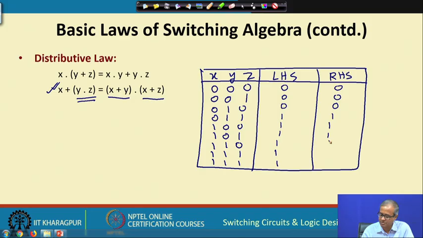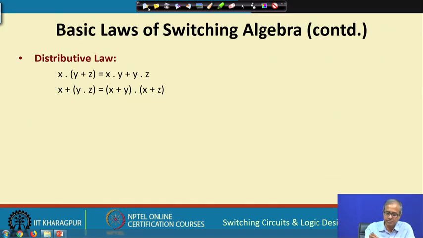This you can check, the others will also be 1. Okay. So, in this way you can verify this by the method of perfect induction, right. Similarly, the first one is easier to verify, same way you can also check this, all right. These are so called distributive laws.